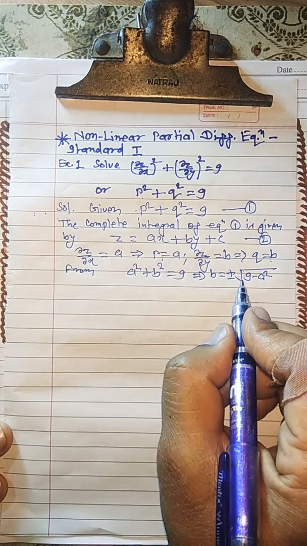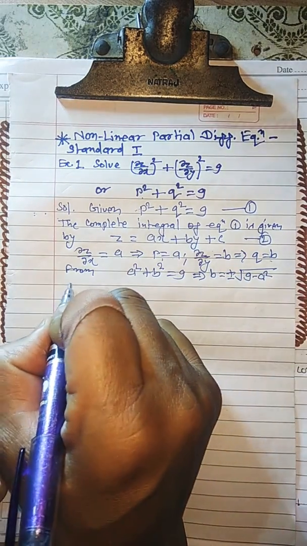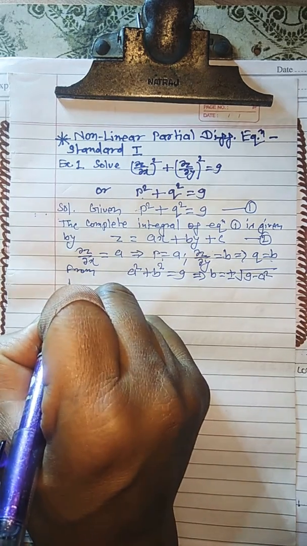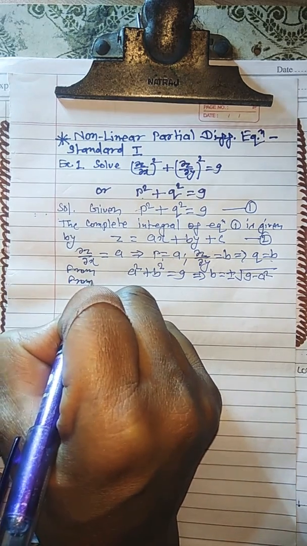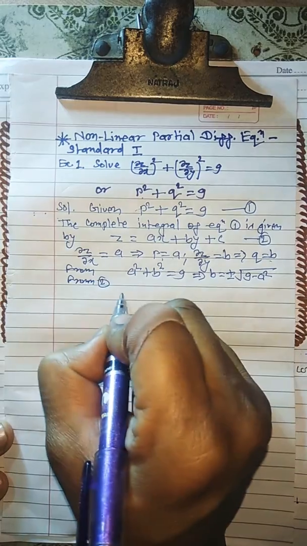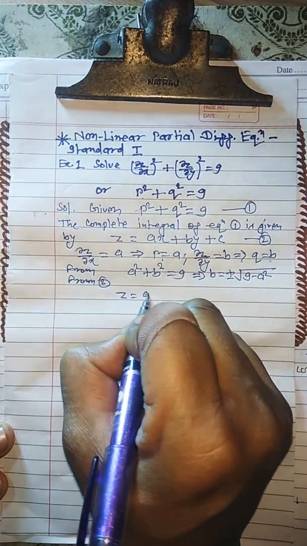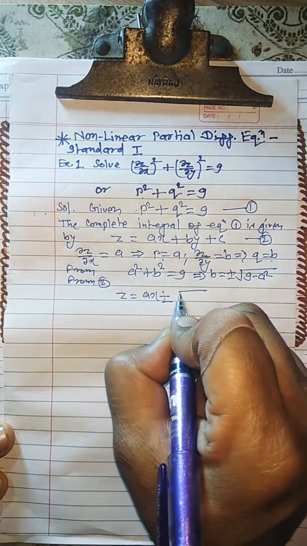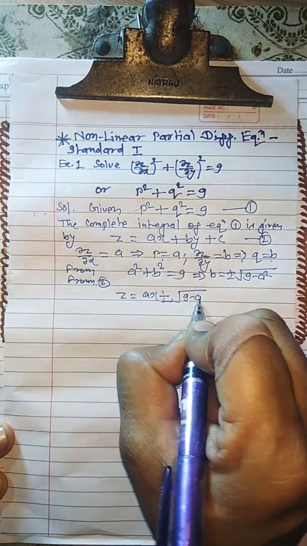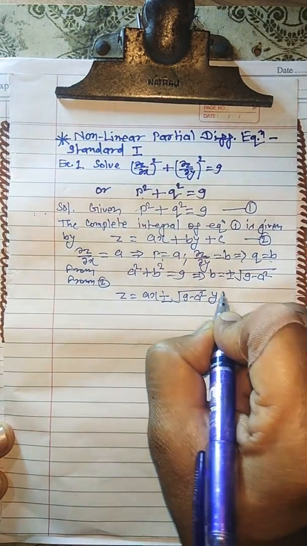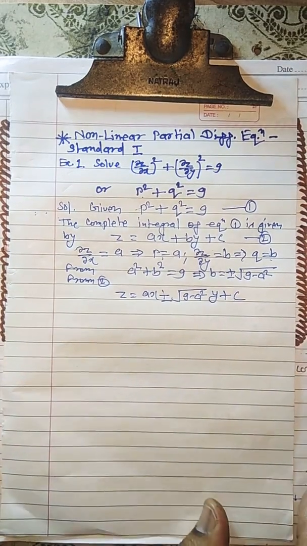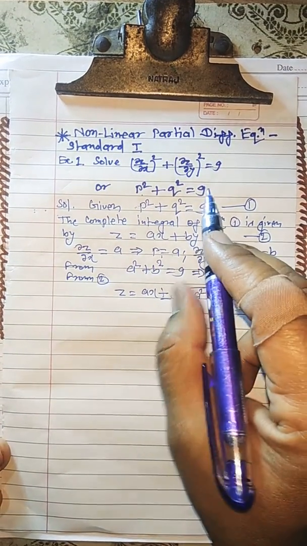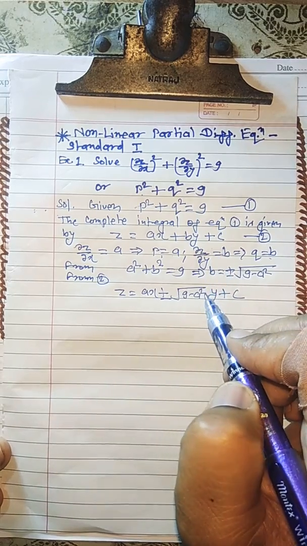Now we put this value of b in equation 2. From 2 we get z equal to ax plus minus under root 9 minus a square y plus c, which is a complete integral of given equation.